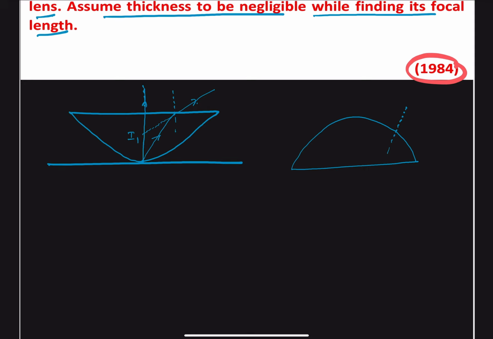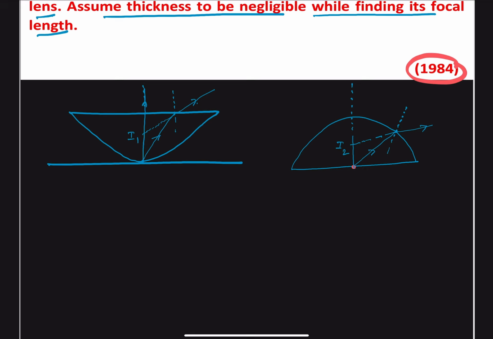Let us suppose this is the center of the plane, and this will be the vertical light, and our ray of light will be traveling and bending something like this. And once again, because of the apparent depth, it will be matching somewhere here, and let us suppose this is our I2. These are case 1 and case 2.